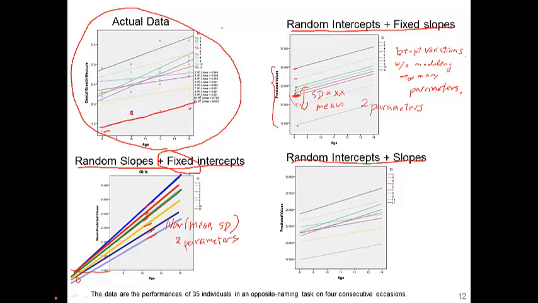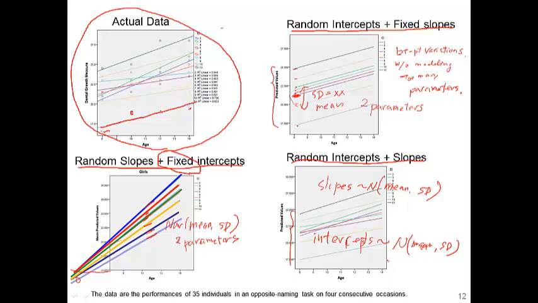So the last one is random intercept and slopes. This model tells SPSS to consider slopes randomly distributed from a normal distribution with a mean and standard deviation estimated from the data, and the intercepts also randomly distributed from a normal distribution with some mean and standard deviation estimated from this data.